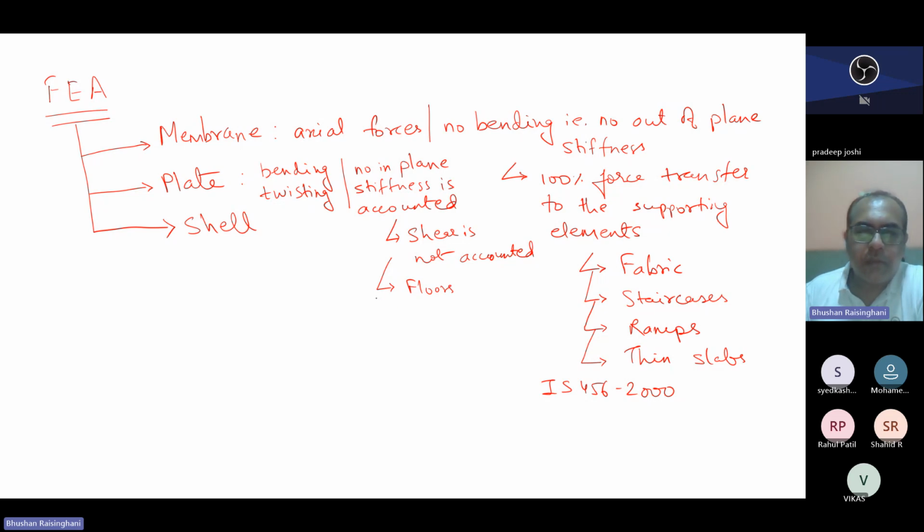Now, what else can be modeled as a plate element? Any example that you have? Any model as plate, which has mostly twisting and bending?